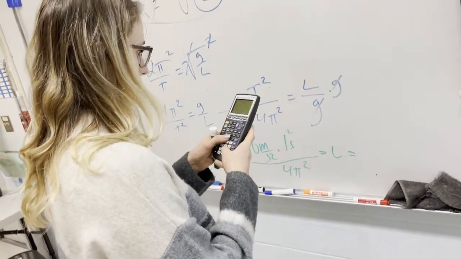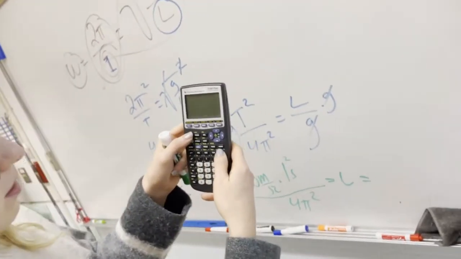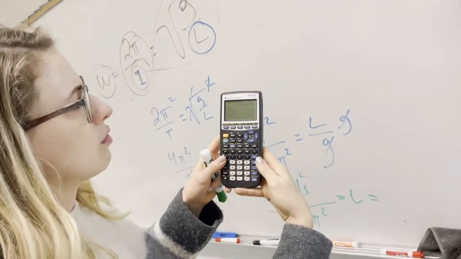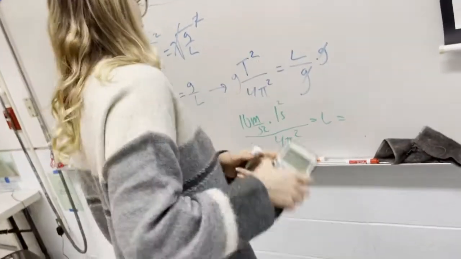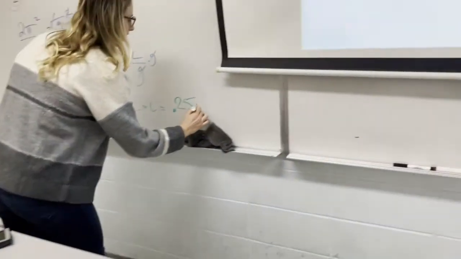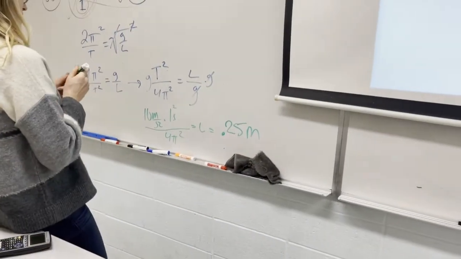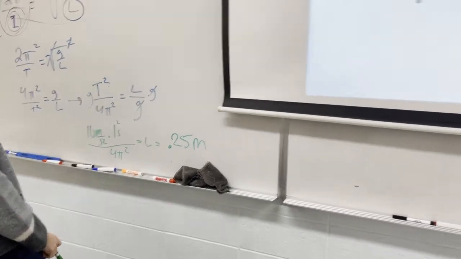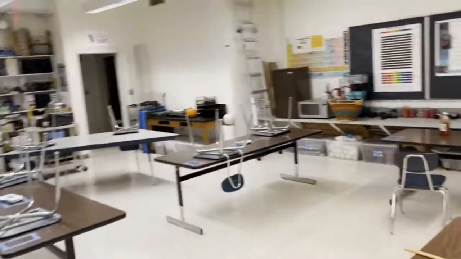You'll have to use parentheses on the bottom. 4 pi squared, and I get 0.25. Okay. So it's going to have to be 0.25 meters long. So in order to have a period of 1 second, it has to be 0.25 meters long.